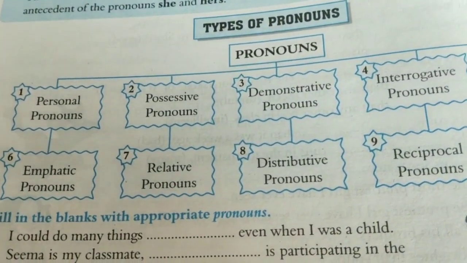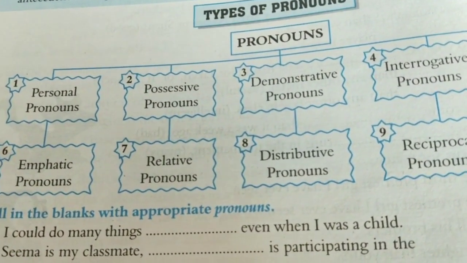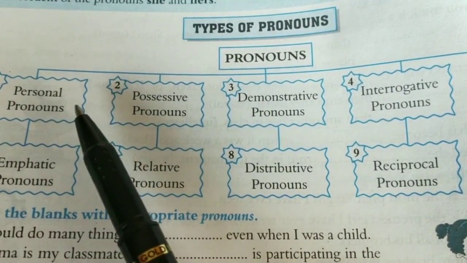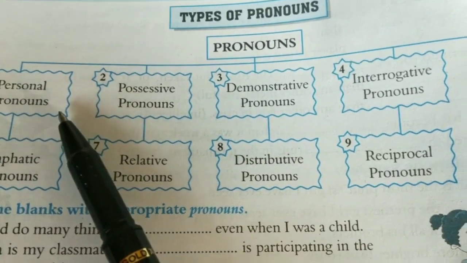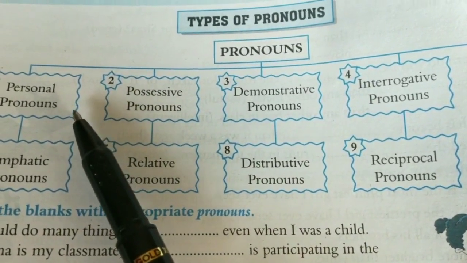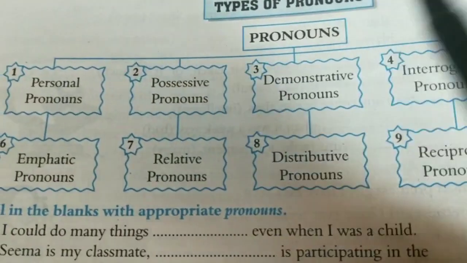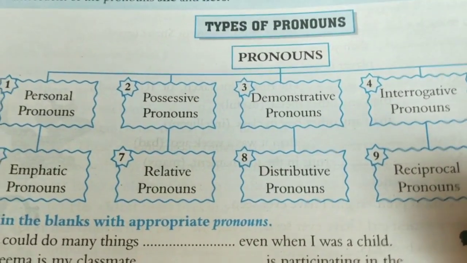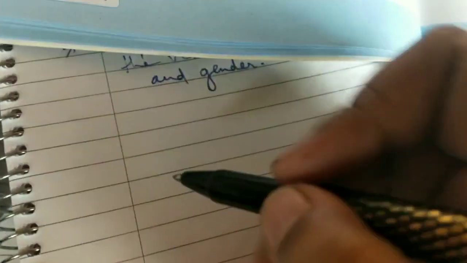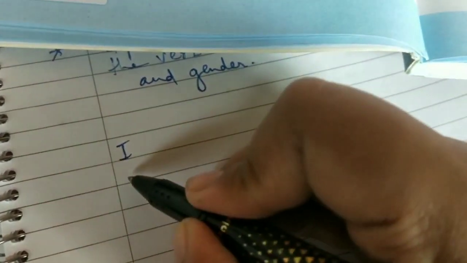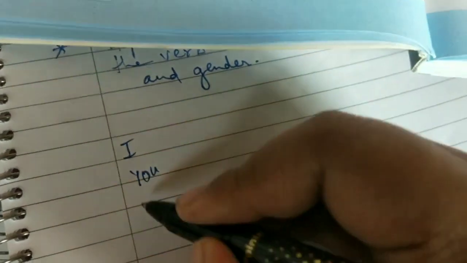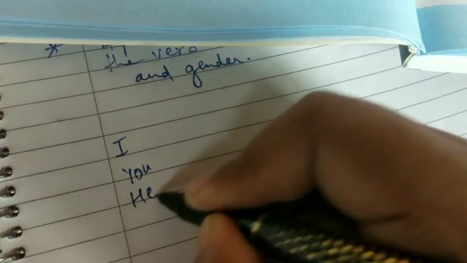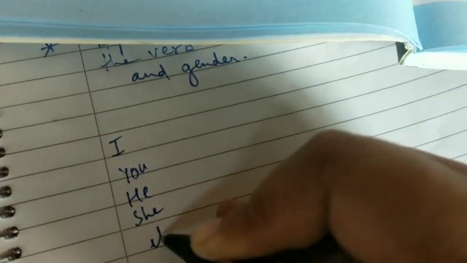Okay, so the personal pronouns are used in the place of a proper noun or a common noun, and the pronouns which we use as personal pronouns are I, you, he, she, it.